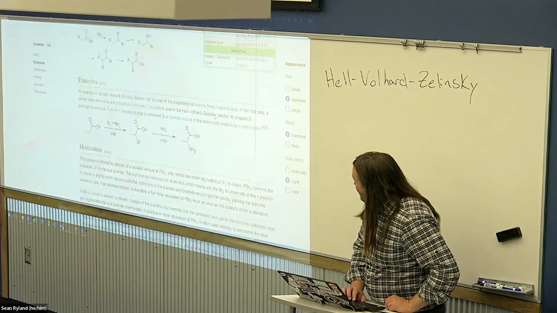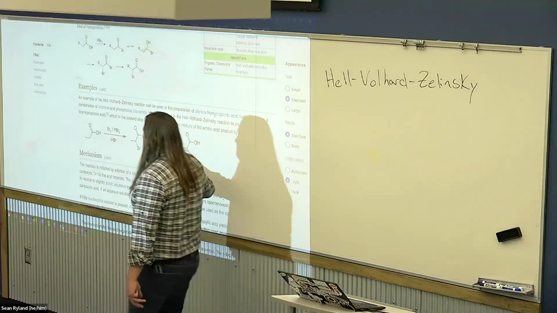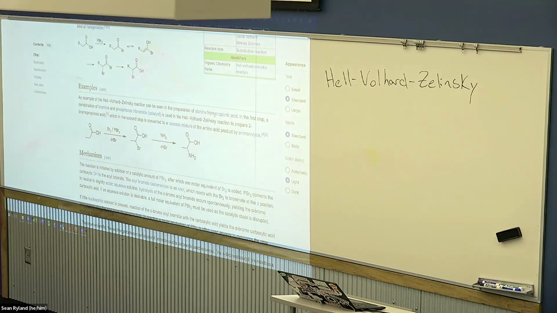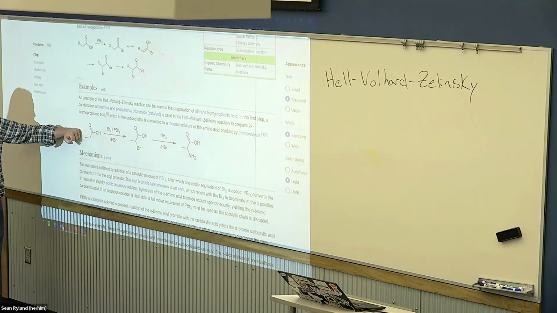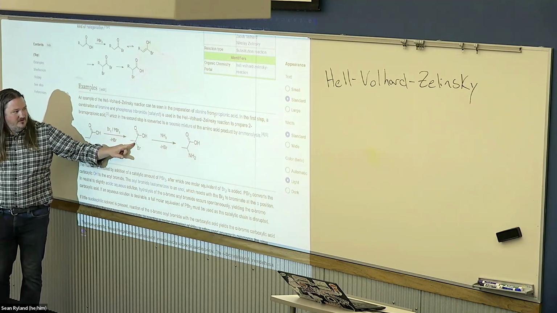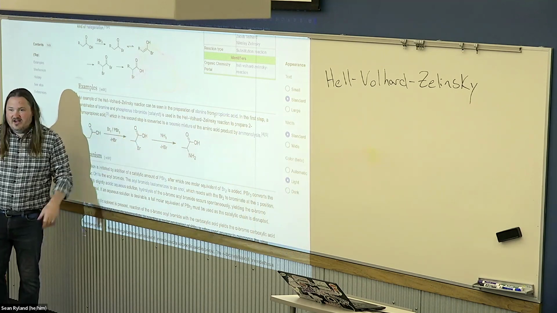Interestingly enough, though, it does have a practical purpose here. This is actually the number one way that they synthesize alanine synthetically, the amino acid. Because if you start with propanoic acid, brominate the alpha carbon, and then just do an SN2, you get alanine.